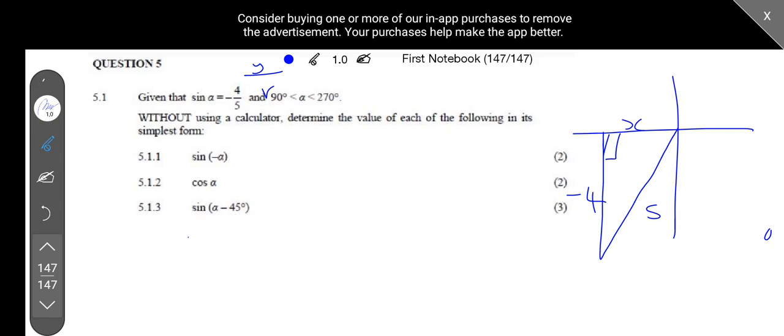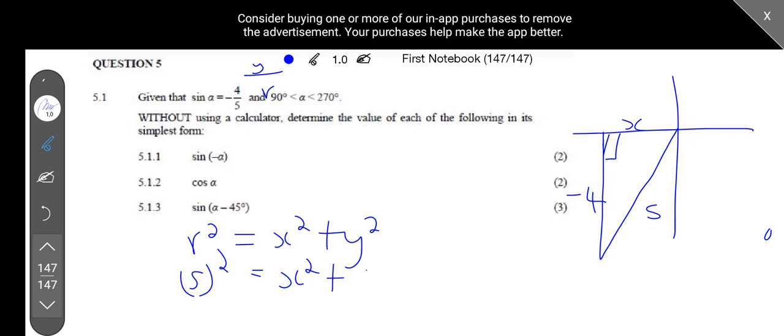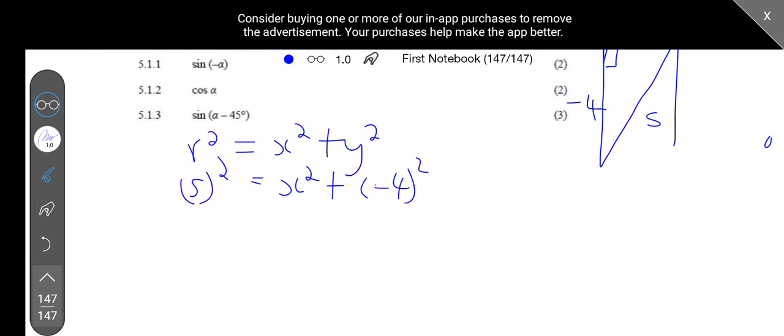We know Pythagoras says that r squared is equal to x squared plus y squared. This is basically grade 8 revision. So r squared, 5 squared, is equal to x squared plus y squared, which is negative 4 squared. Remember, every number we square becomes positive.